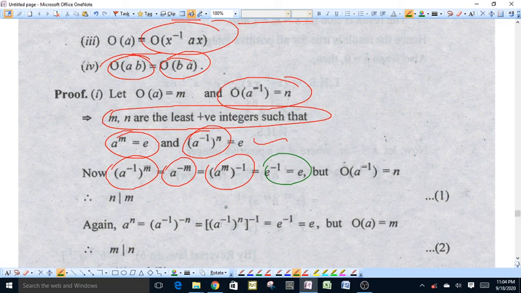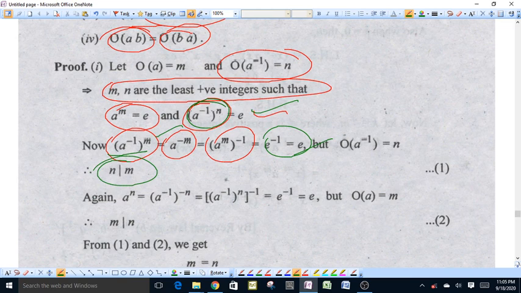This means n is the least positive integer such that a raised to power minus 1 raised to power n is equal to e, and here we have proved that a raised to power minus 1 raised to power m is equal to e. This means n divides m.